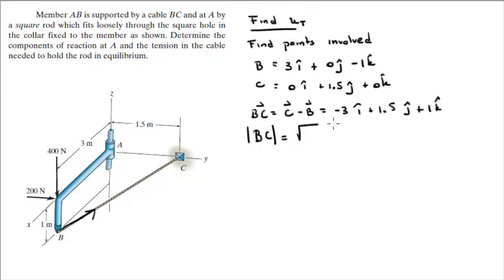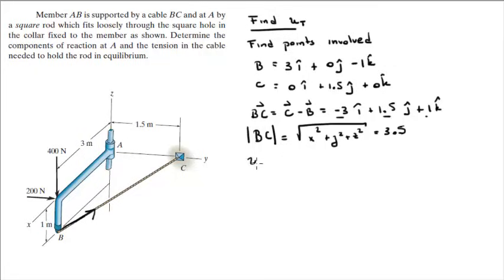To find its magnitude, we do the x component squared plus the y component squared plus the z component squared. So when you plug in these three values in here, you're going to get that the magnitude of BC is exactly 3.5. Nice number.